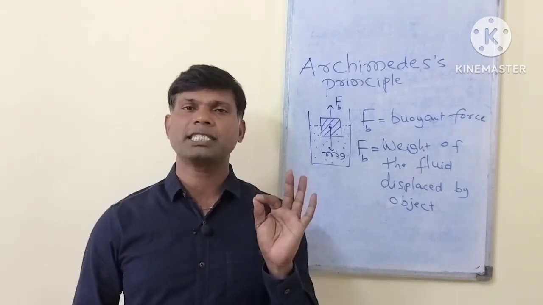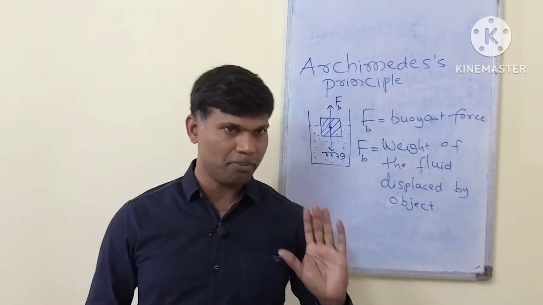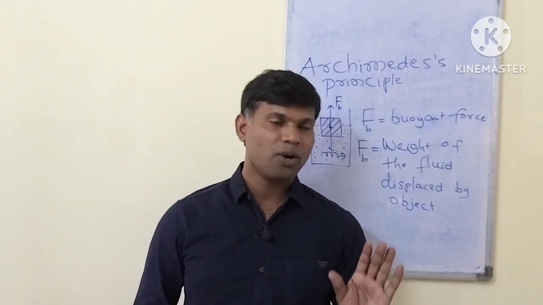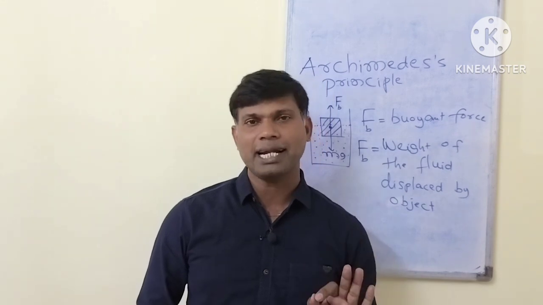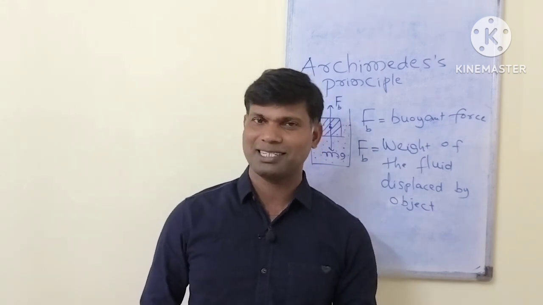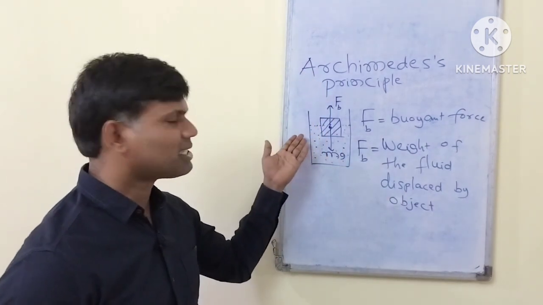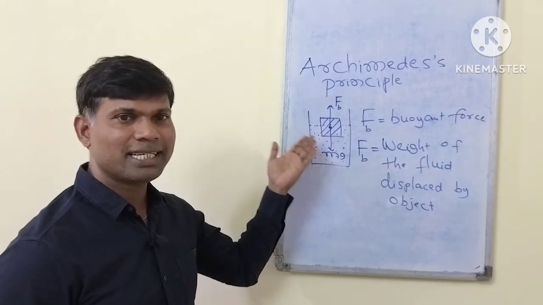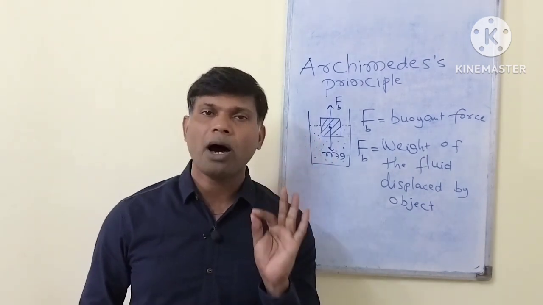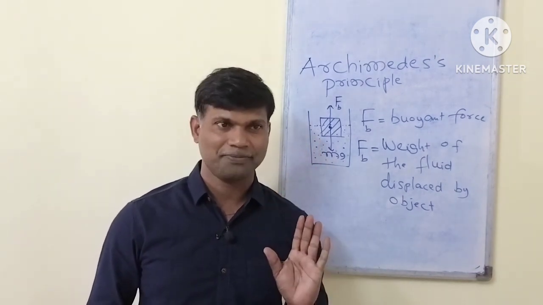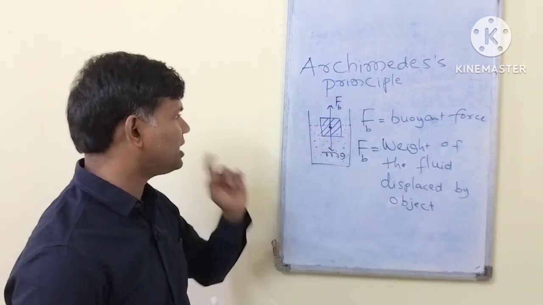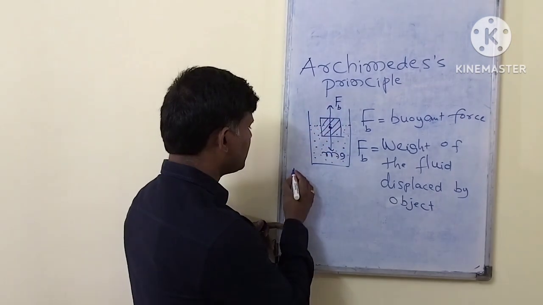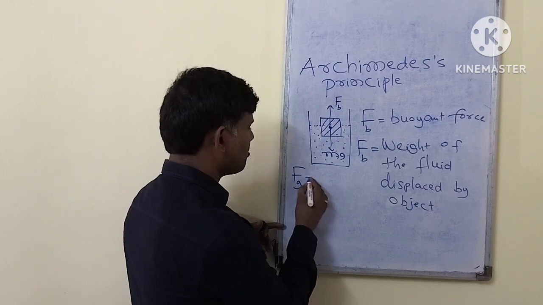When the object is partially submerged, what is the relation between buoyant force and the weight of the object? This is the first case. The object is partially submerged. Now can you say what is the relation between FB and FG? FG is gravitational force, that is nothing but weight.